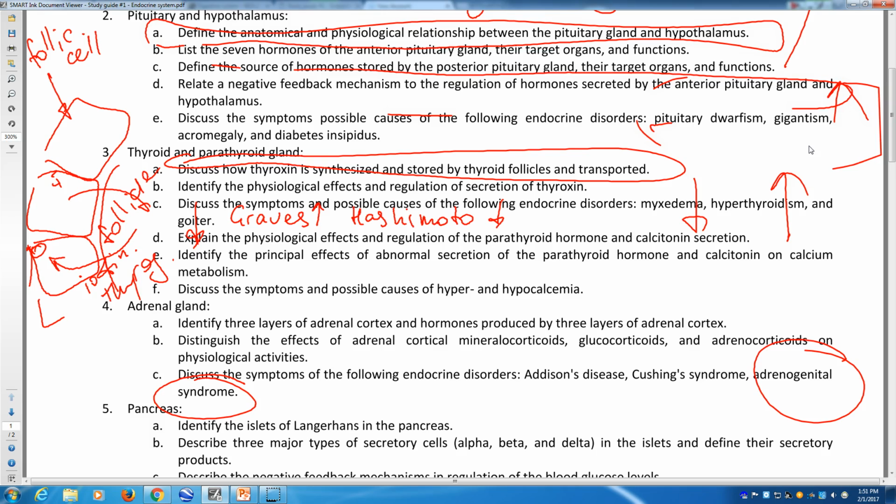So ACTH will stimulate the gland, the whole adrenal cortex. Does that make sense so far? Corticosteroids, are they going to be produced? No, because you can't. But androgens will be. That overstimulation leads to the overproduction of androgens.